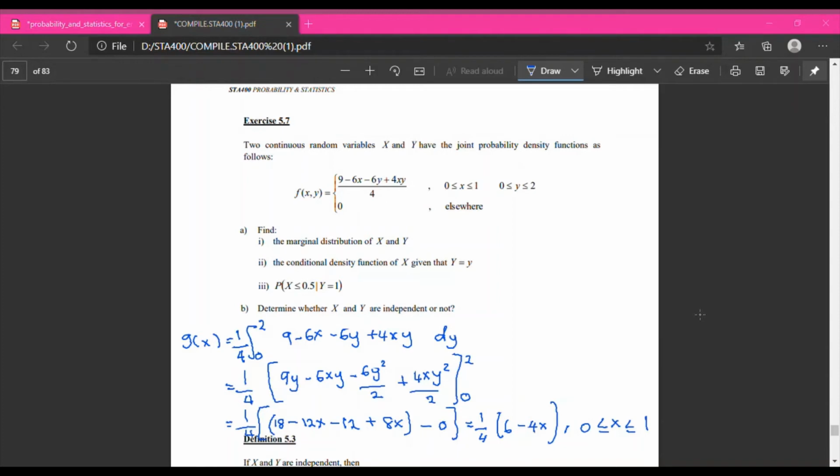Okay, and then another one, minus, and replace all the x with 0. So you will get 0.